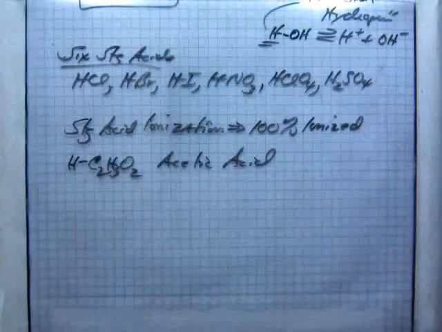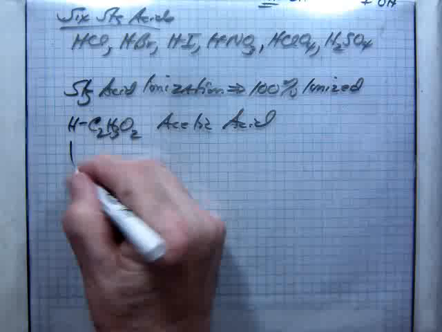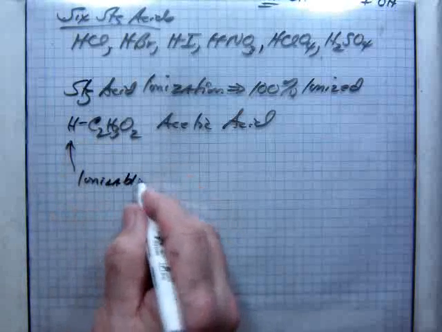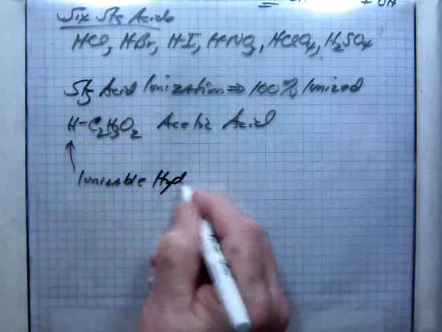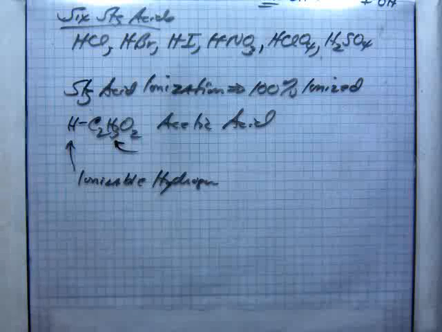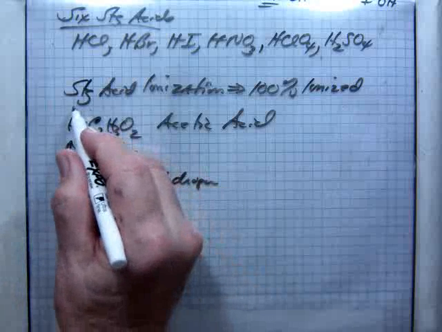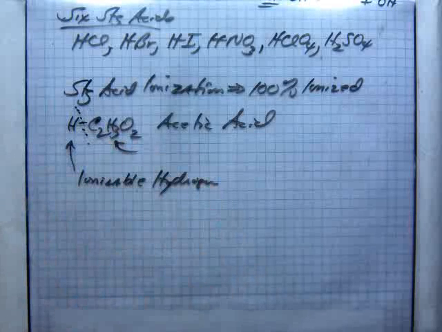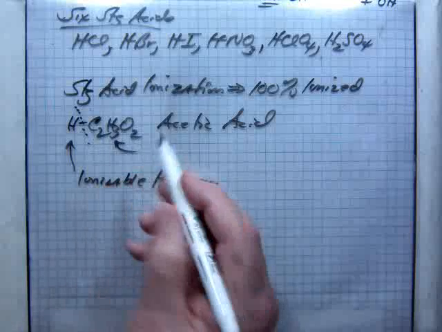The hydrogen here is the ionizable one, and the other hydrogens are buried in the rest of the molecule. In the same way, we hypothetically isolate that first hydrogen away from the rest of the molecule, and this C2H3O2 is the acetate ion.